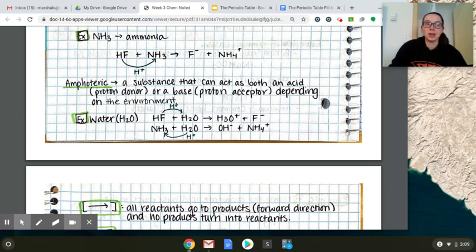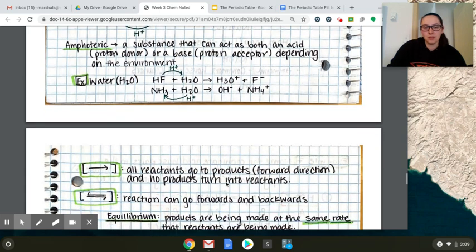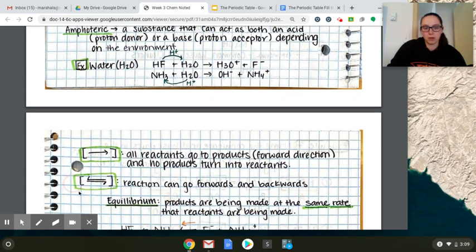If we had combustion reactions that went backwards and made the two compounds, that would be very ineffective, especially considering combustion engines. We don't want those products to go back into the reactants. So what actually happens here is we have this double-sided arrow.